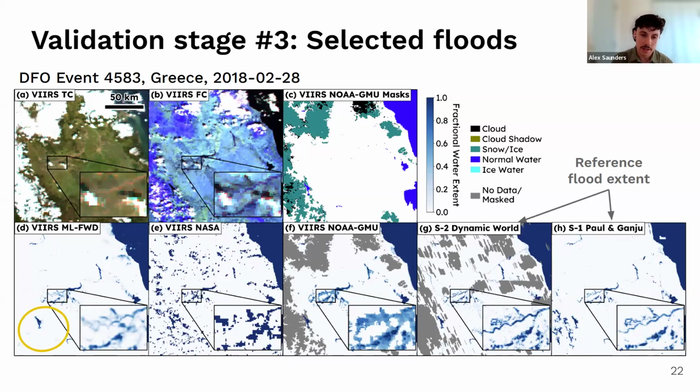But something I wanted to point out is not only the detection of flooded areas, but also making sure that we don't pick up false positives. So you can see in the NASA example, quite a few of those cloudy or snow and ice areas in the mountainous areas being picked up falsely as water. And luckily, our model was able to learn that those were not indeed water.